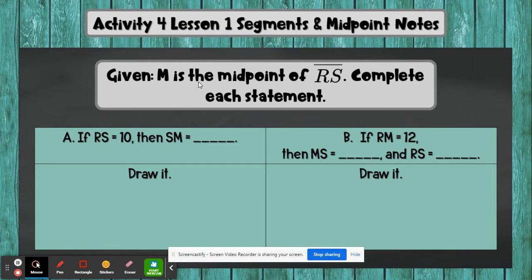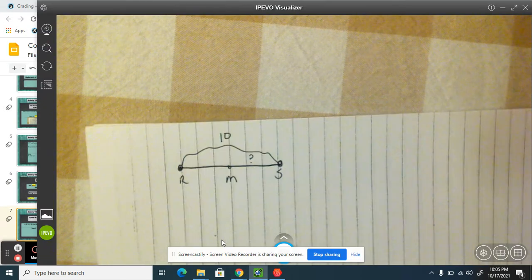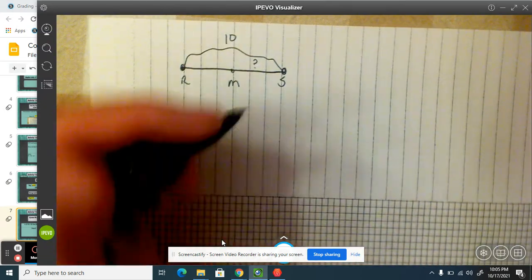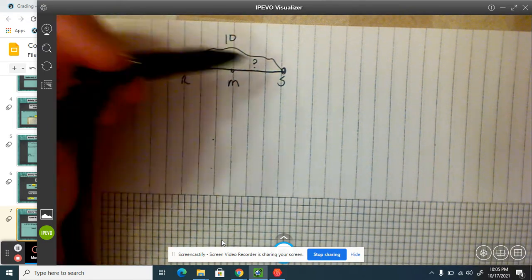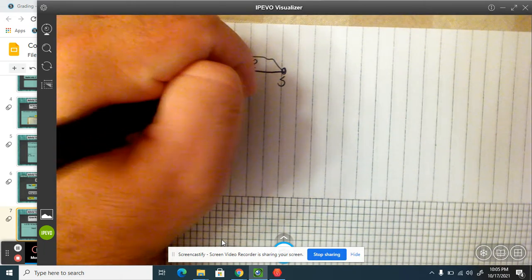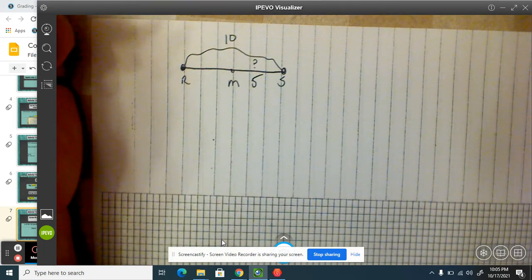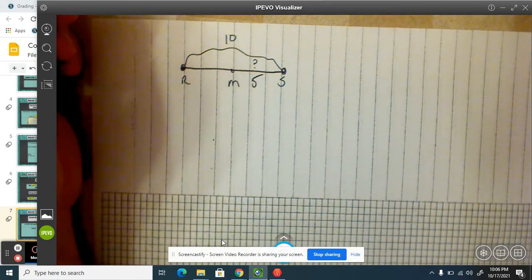What is SM? So let's look at the picture here. RS, the complete thing, is 10. So if this is the midpoint, what does this part have to be? Well, you're just going to divide by 2. It's just 5. So don't overcomplicate things. The midpoint cuts it exactly in 2.